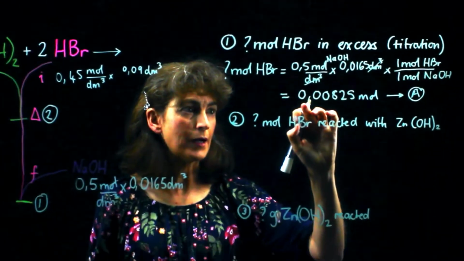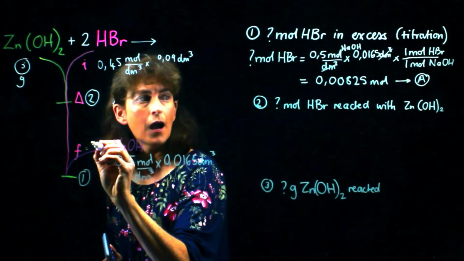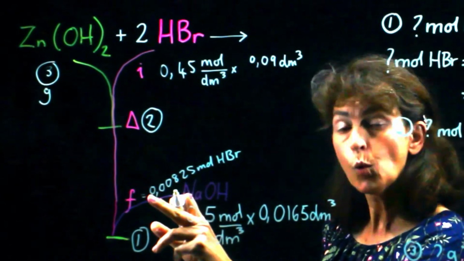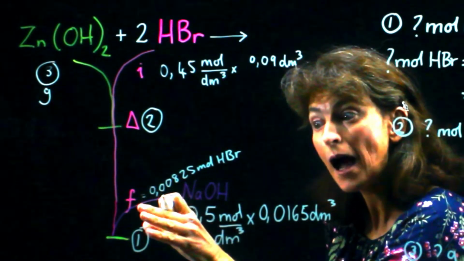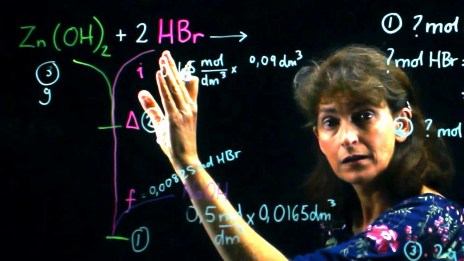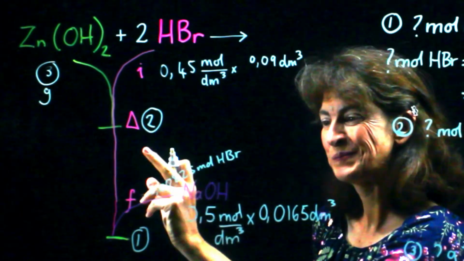That is how many moles of HBr were still there, unreacted, after the zinc hydroxide tried to neutralize it, but didn't completely succeed.